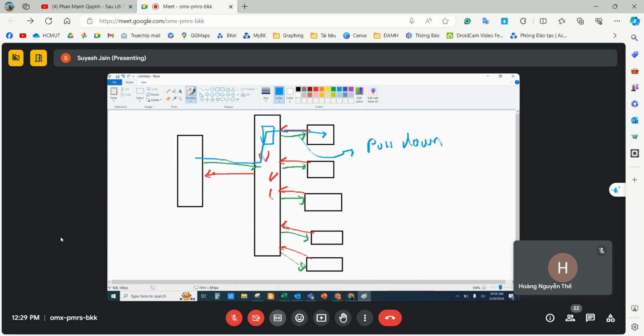If we pull down this ready, this FIFO will get full at some point, and then this FIFO will lower down the ready, because you are continuously sending the transaction but the slave is not ready to accept it. The FIFO inside the NoC is getting full, so ultimately it pulls down the ready, and the master is getting back pressured.